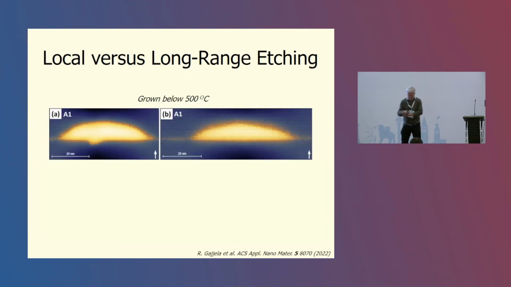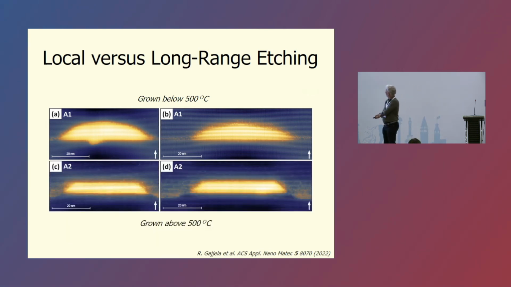So for that, we worked with the team in Sheffield on looking at dots where we could possibly prevent this edge pit formation. The dots where we saw the edge pit formation were grown below 500 degrees centigrade. And by going a little bit higher in temperature, we could remove the edge pit very successfully. But it came at a price. The price was that now there was a lot of etching next to the quantum dots.